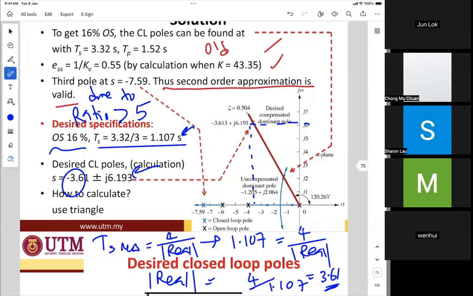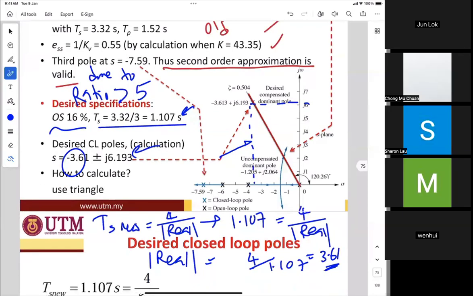So the line of minus 3.61 straight here cuts the zeta 0.504, then turn right, and you will get 6.193, the new imaginary value.